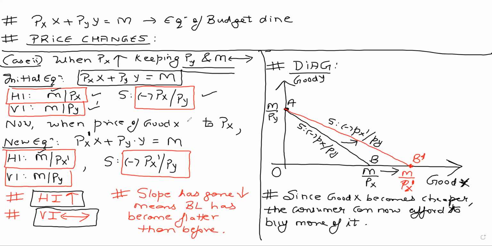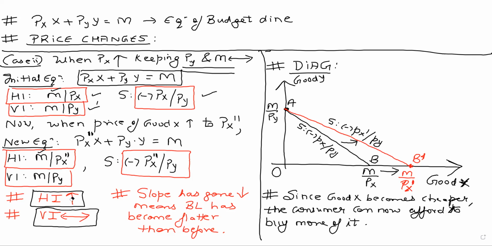Suppose when the price of good X rises to Px double dash. So my new equation will be Px double dash times X plus Py times Y is equal to M. My horizontal intercept will be M upon Px double dash. Vertical intercept will be M upon Py. Slope will be minus Px double dash upon Py.